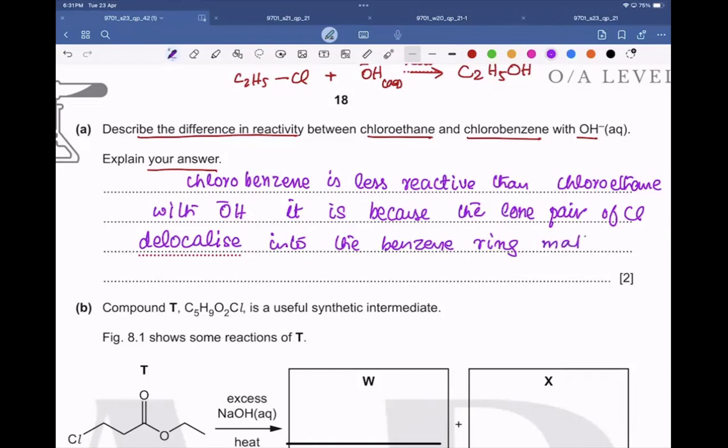This makes the carbon-chlorine bond stronger in chlorobenzene.